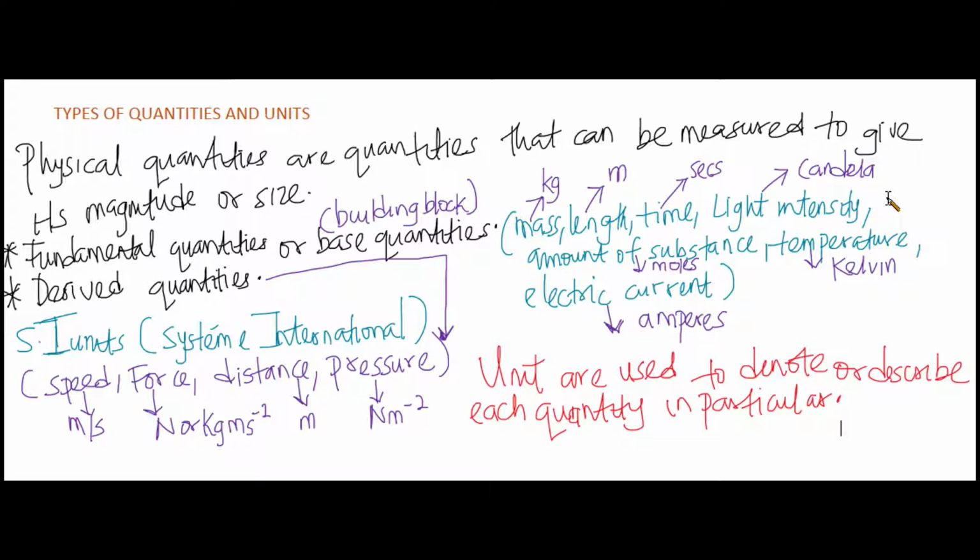Now physics cuts across a lot of branches in science, like material science, astronomy, chemistry. Astronomy, whereby we're talking about space, the stars, the solar system, the extraterrestrial bodies outside our solar system.